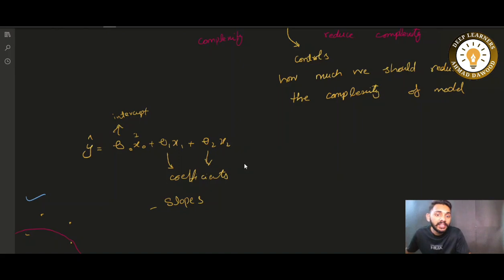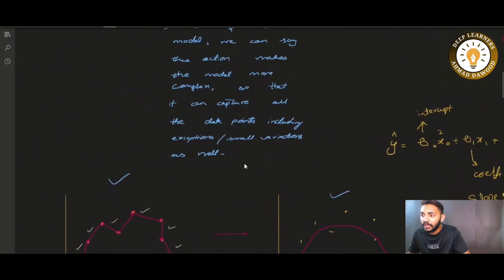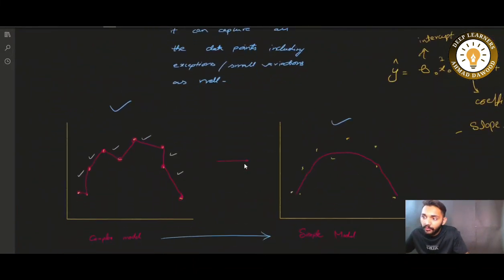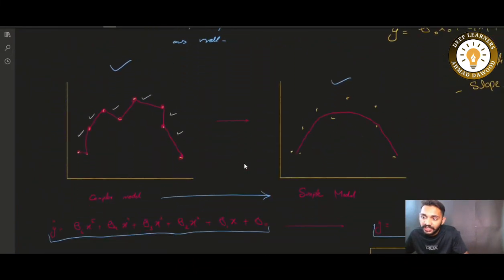When you have higher values for those slopes, your model will have sharp angles. Let's say you have high values in theta 5, theta 4, theta 3, theta 2.